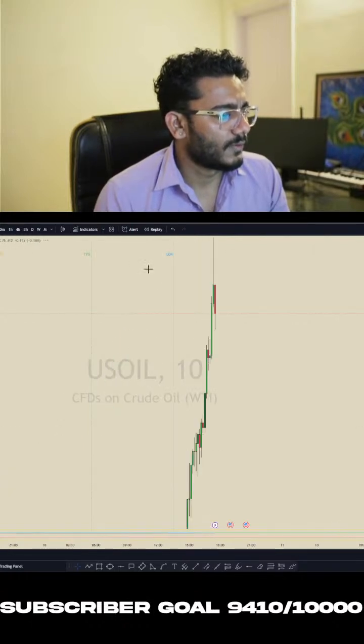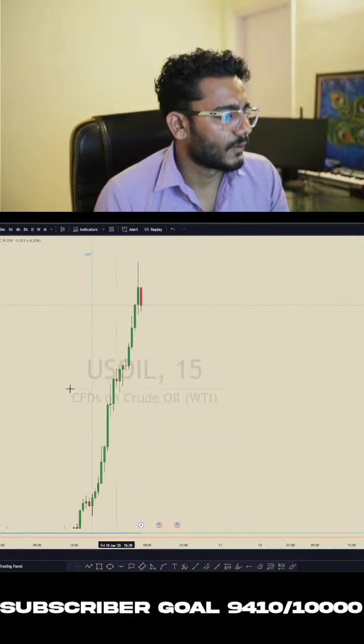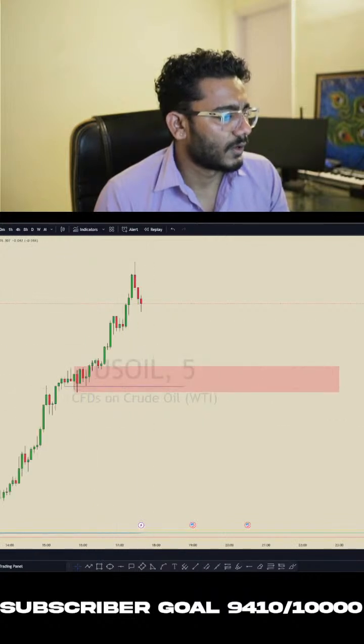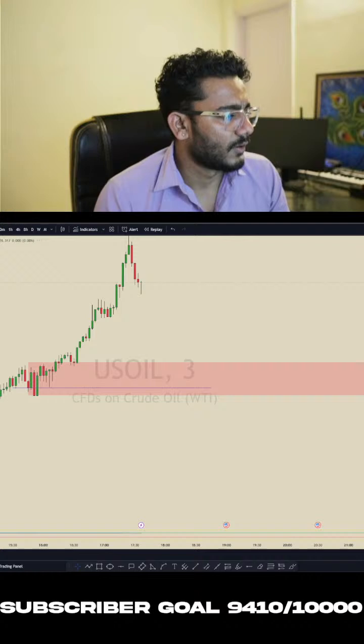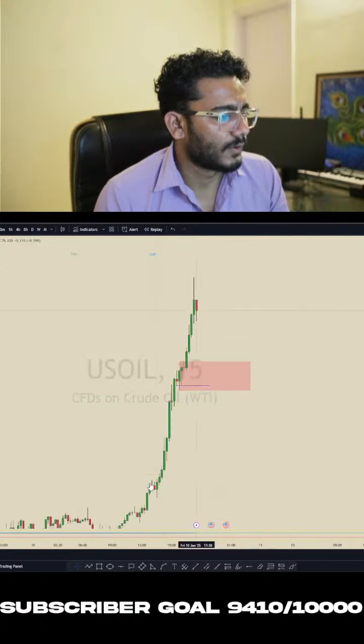On US oil, we can see there is an order block on the 15-minute time frame, which is around this area. We can see price induced this low and then it started to go up. So it's on 50-minute. Let's look at 5-minute, 3-minute. We can keep this area a little bit bigger, so we can look for buy side entry.